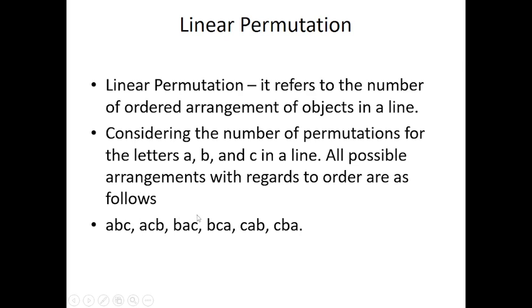ABC, ACB, BAC, BCA, CAB, CBA. Yan ay linear permutation. So there are 6 linear permutations of the letters A, B, and C. Ganyan lang siya. 1, 2, 3, 4, 5, 6.